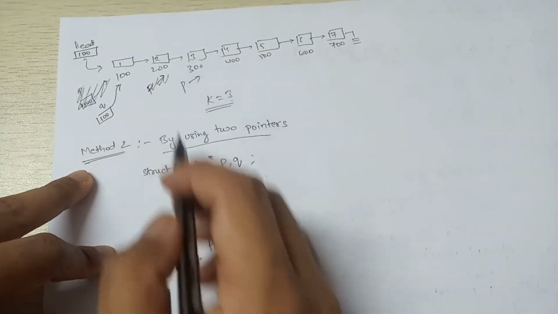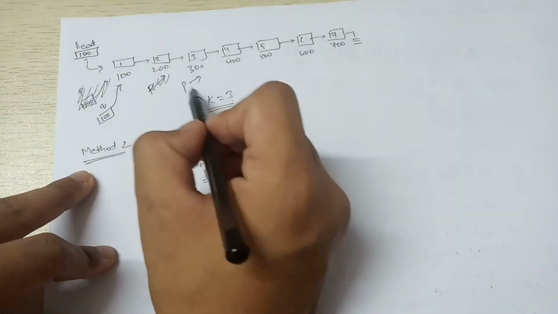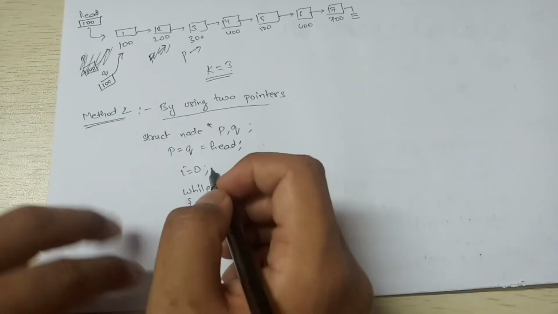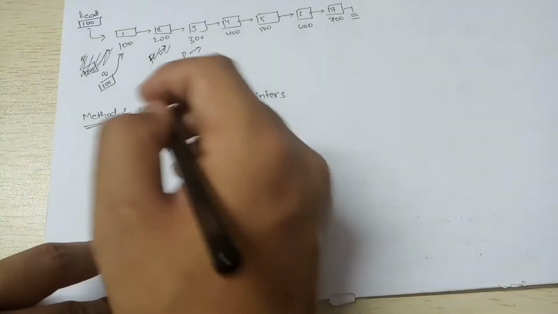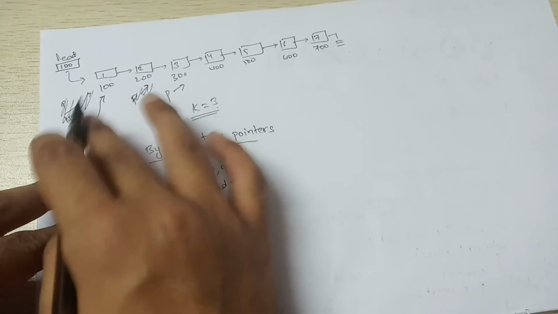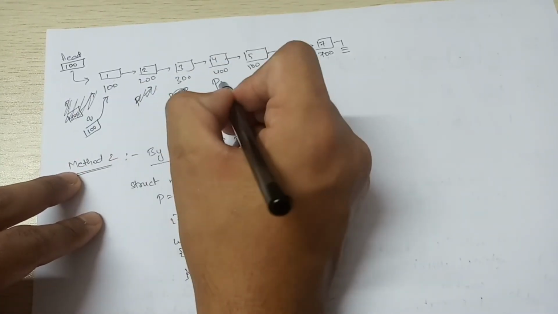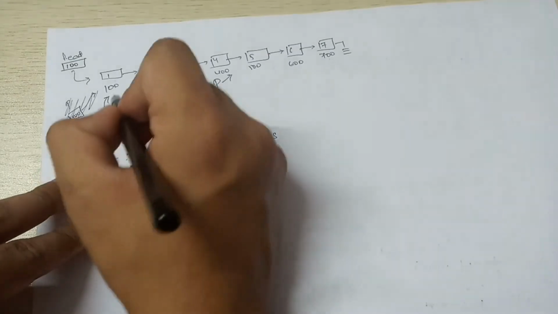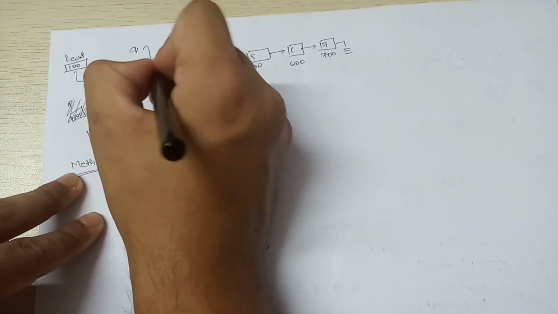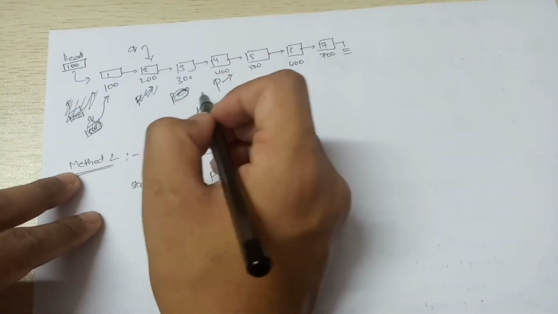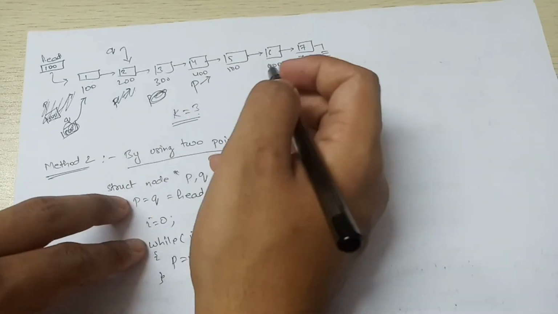Now as soon as P starts pointing to the kth node, you start traversing both pointers by 1. After that, P will point to the next node, and Q will also point to the next node. You have to do this until P comes to the last node.